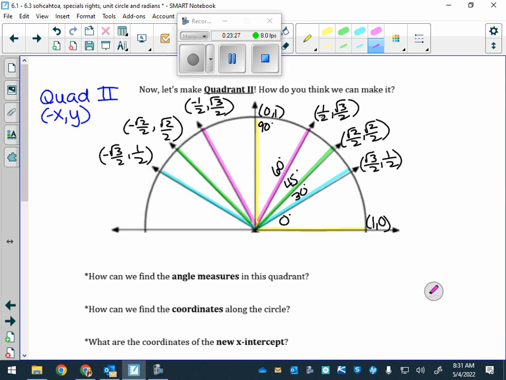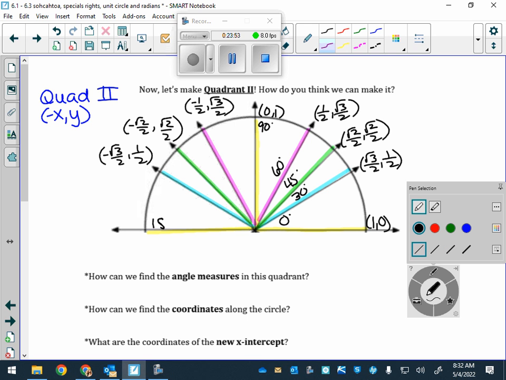All right. So now, if I come across, we already determined a full circle, which we know is 0 to 360 degrees. So half of it would be what? 180. This is 180 degrees. So what would be my other x-intercept then on this side?